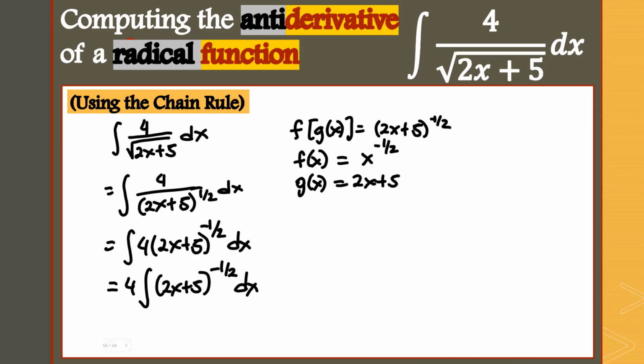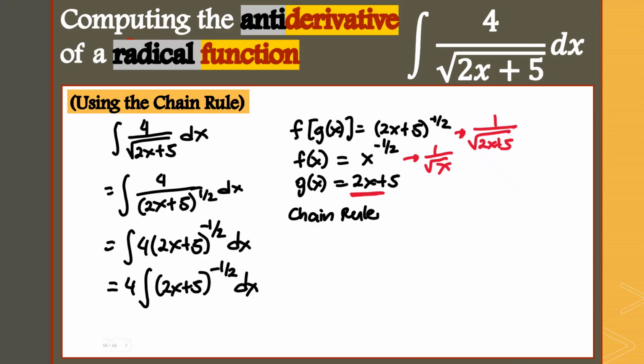Or, as mentioned, this could be in a form of 1 over square root of 2x plus 5, and this is actually 1 over square root of x, but your x here is 2x plus 5. So originally this form here, but when we took out 4 because it's a constant multiple, basically, yes, this is still a composite function. Hence, chain rule will be introduced in solving for this.